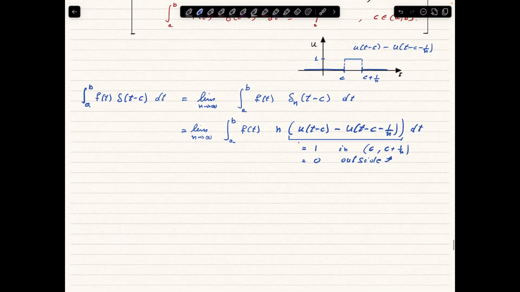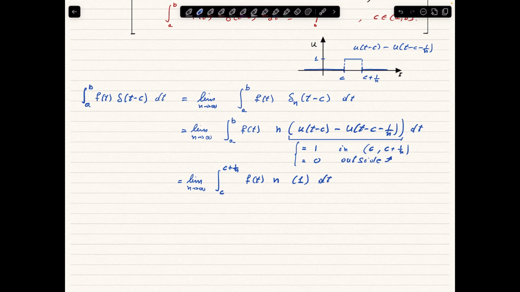All right. Then if we use that property, what do we have here? What we have is the limit, which still stays there, n goes to infinity. And now we need to integrate only from c to c plus 1 over n. And what do we need to integrate? Well, f of t, we have the n, and now this function, recall, takes value 1 in that interval, dt.